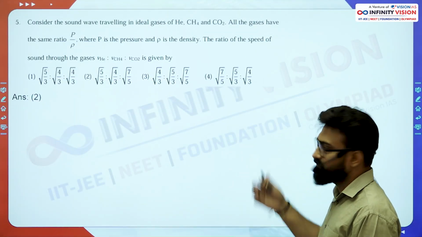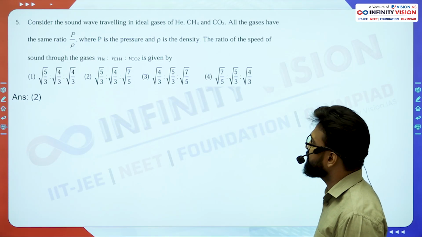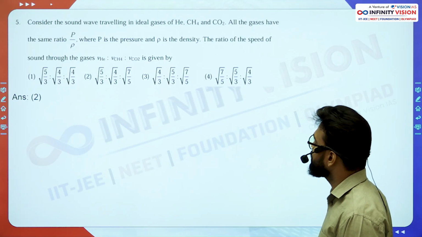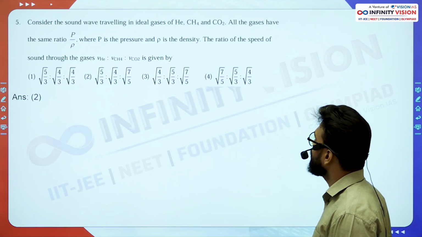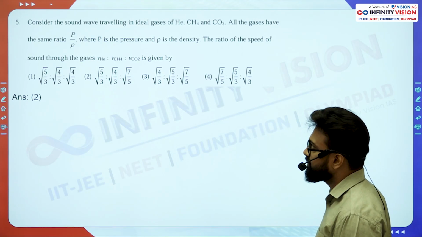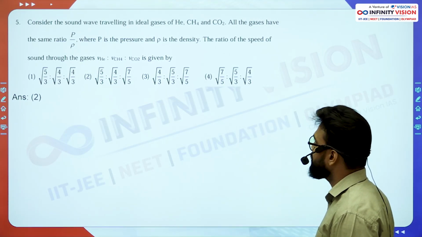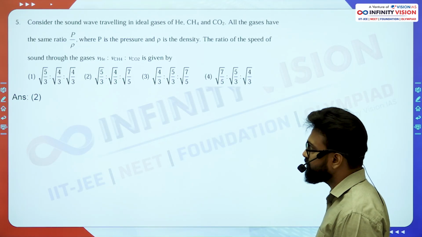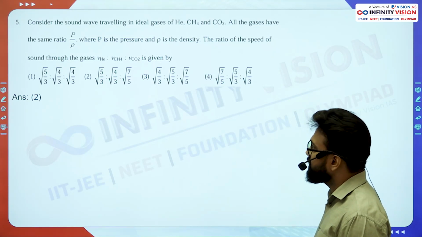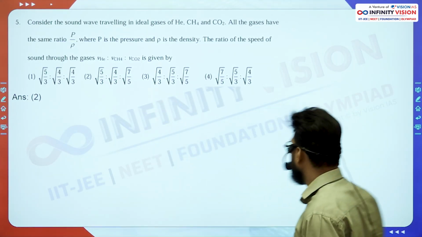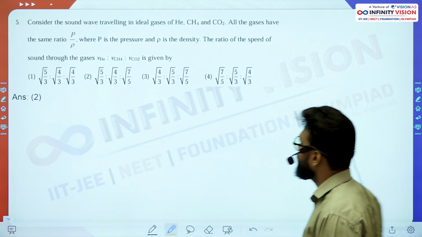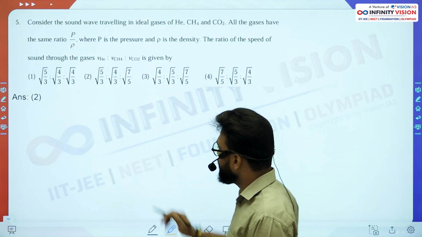Next, consider a sound wave traveling in ideal gases: helium, methane and carbon dioxide. All gases have the same ratio of pressure by density, where P is the pressure and rho is the density. You need to find the ratio of the speed of sound in those particular gases.